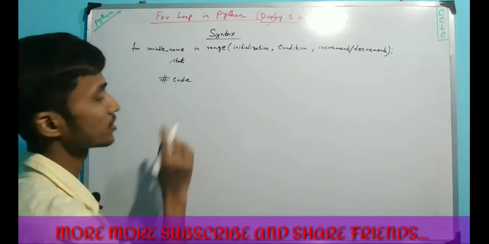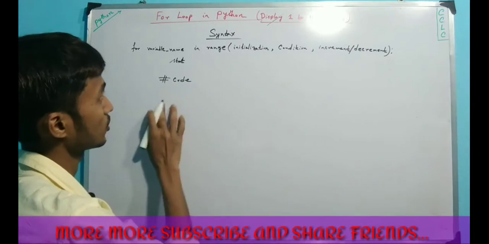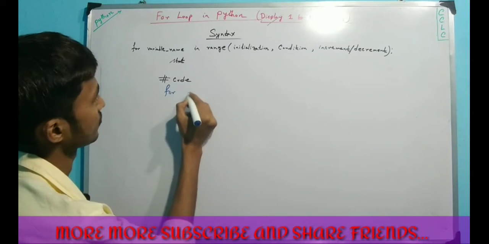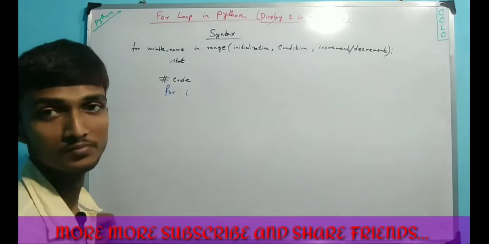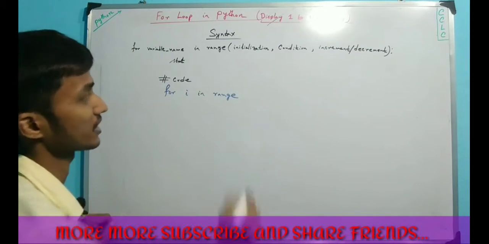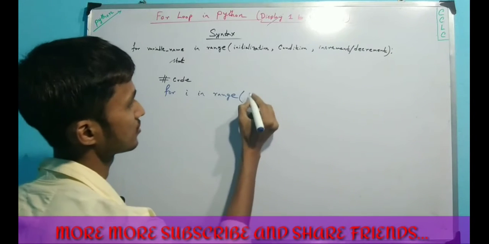So first, see the code. for variable name i in range, initialization.